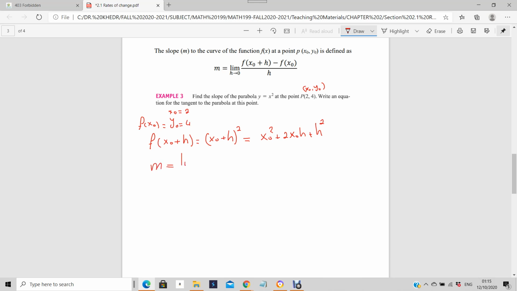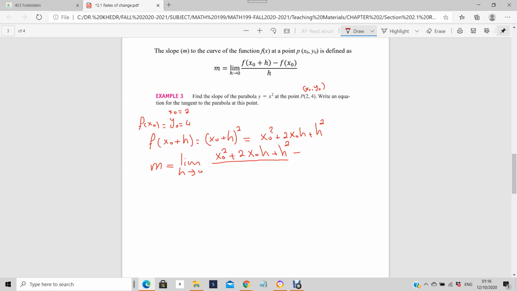Now you calculate the slope m from the definition. You need to find the limit as h goes to 0, so I have to substitute in the definition. f of x0 plus h, the term we wrote just now, x0 squared plus 2 x0 h plus h squared, minus f of x0.